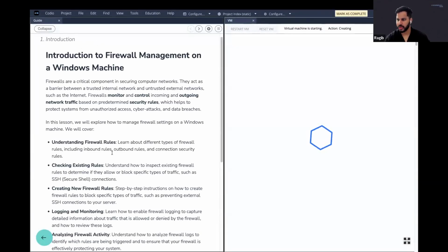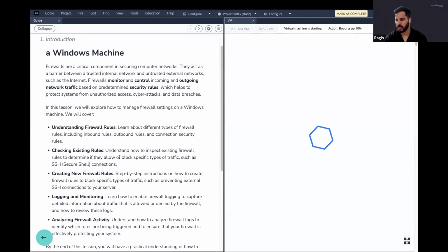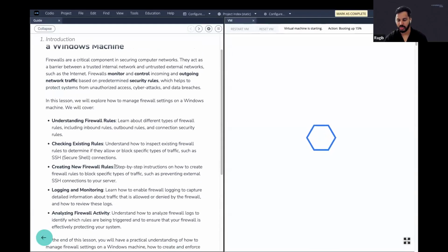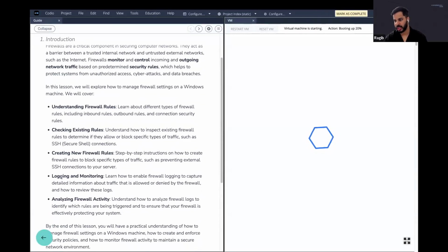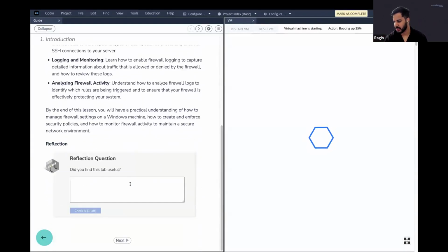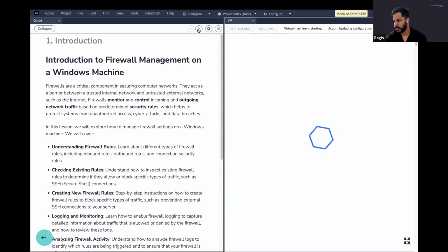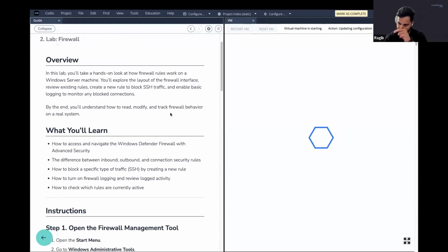While it's loading, it's a very similar idea to what we talked about, setting up firewall rules. We check if an existing rule already exists, then create some new rules, review the logs, and analyze some of the results.